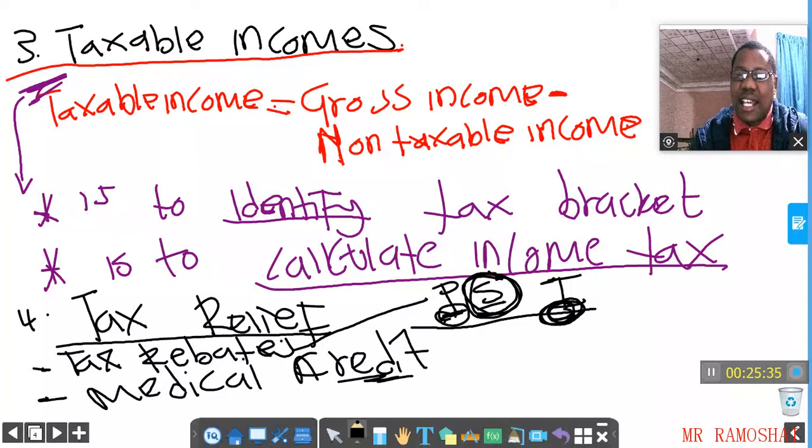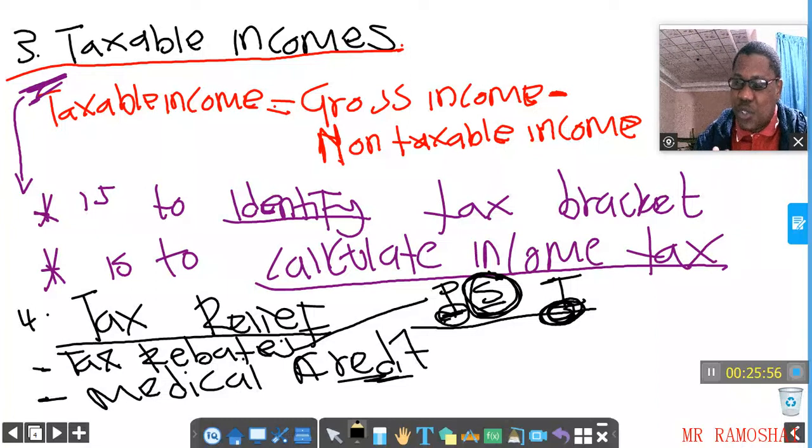Okay, they are going to tax it, but at the end they are going to subtract the tax amount. Why? The GEMS is connected to the government, so they are relieving a certain amount from the employees only if they are using the GEMS.